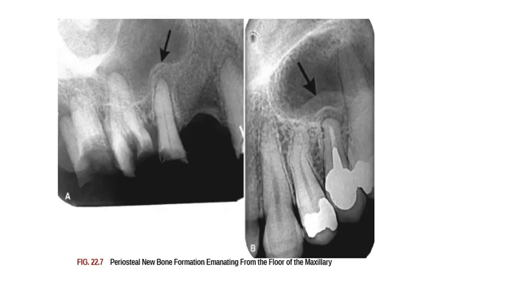Sometimes the periapical inflammatory process may involve the floor of the adjacent sinuses, as shown on these diagrams. So this is the maxillary sinus and its floor that is in close contact with the inflamed upper second premolar.